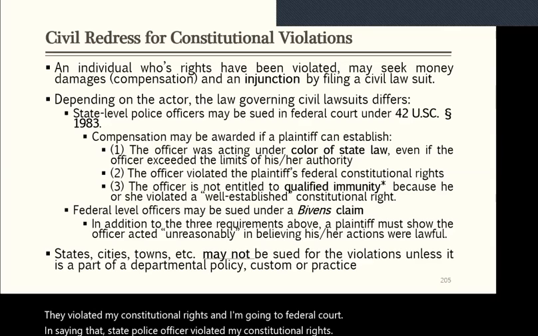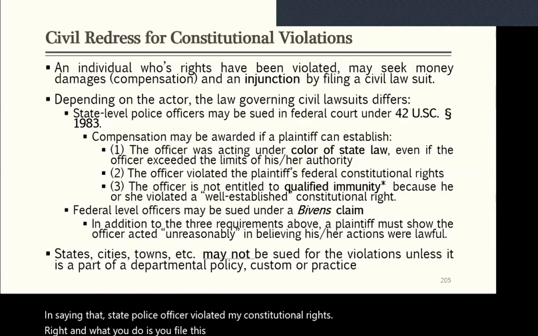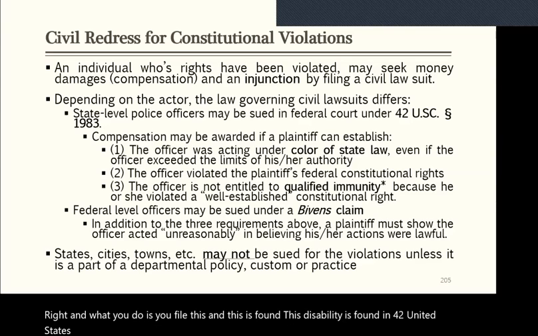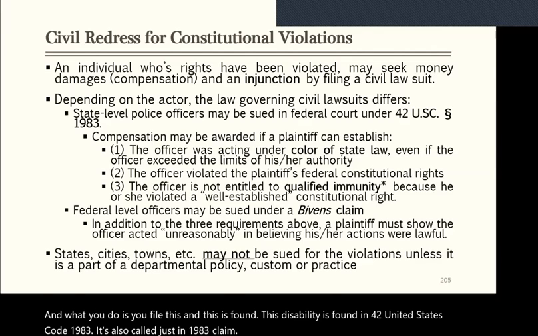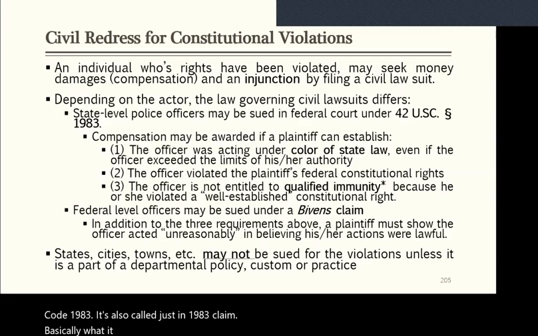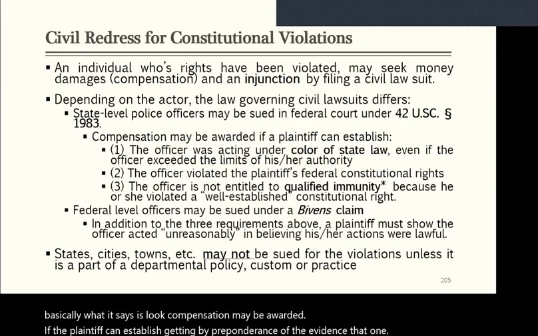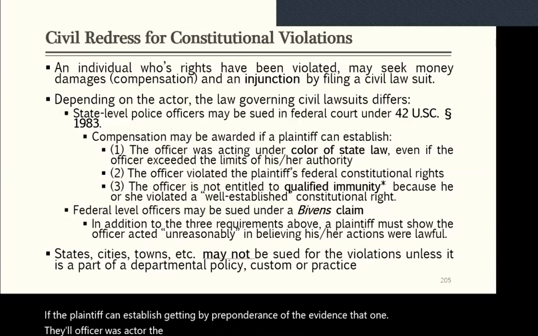And what you do is you file this, and this ability is found in 42 United States Code 1983. It's also called just a 1983 claim. And basically what it says is, compensation may be awarded if the plaintiff can establish, again, by preponderance of the evidence, that one, the officer was acting under the color of state law, even if the officer exceeded the limits of his or her authority.